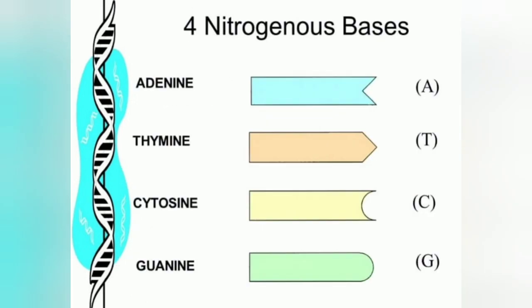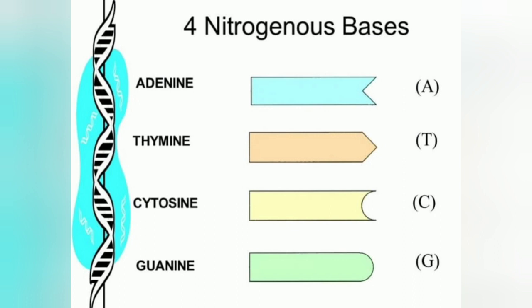Here in this slide you can see the four nitrogenous bases, where A is called adenine, T is called thymine, C is called cytosine, and G is called guanine. Adenine, thymine, cytosine and guanine are the four nitrogenous bases.